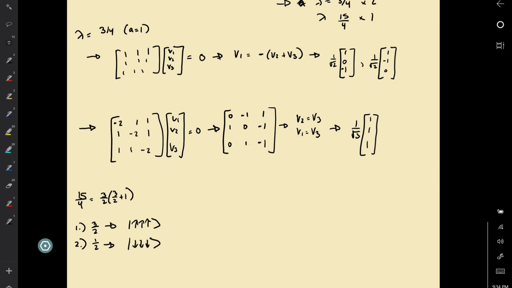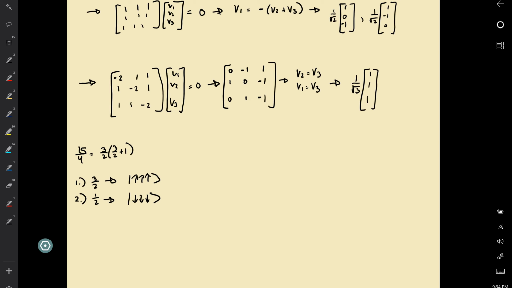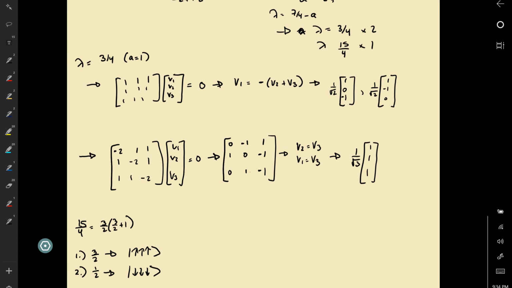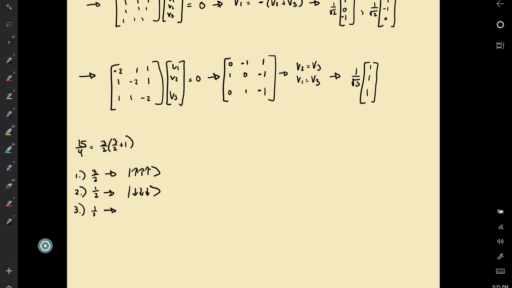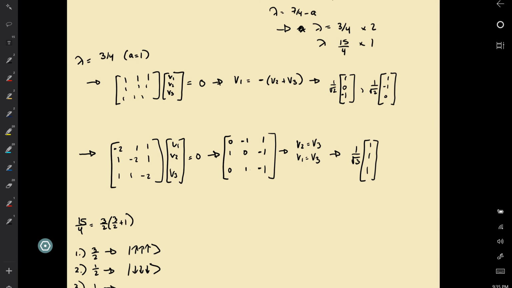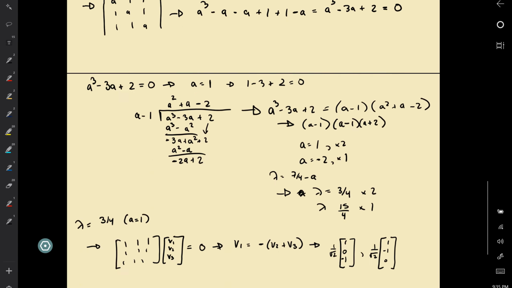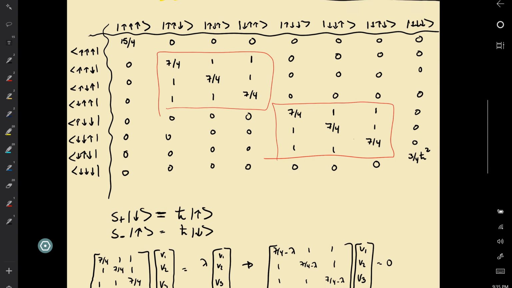So the first one, we have these two eigenvectors here. Those are corresponding to lambda equals 3/4, the eigenvalue of 3/4, which is again the 1/2. So we've got 1/2, and that is 1 over root 2, 1, 0, minus 1, 1 over root 2, 1 minus 1, 0. Okay, and those were up, up, down, up, down.